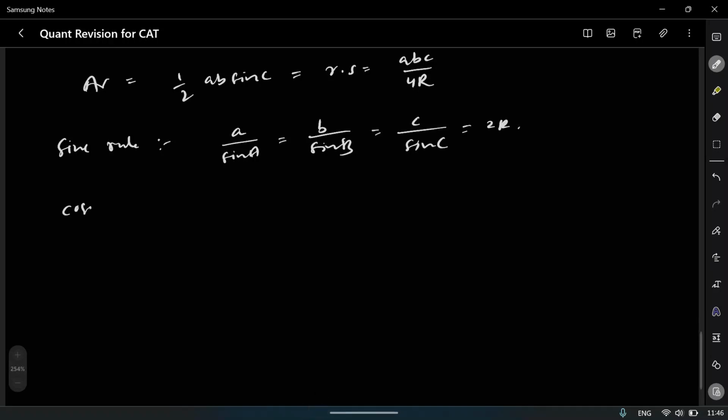Cosine rule is cos A equals b square plus c square minus a square by 2bc. This is cosine rule.